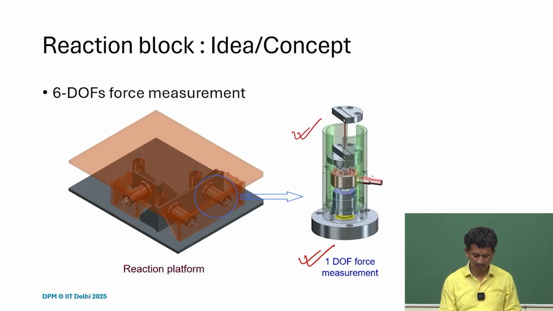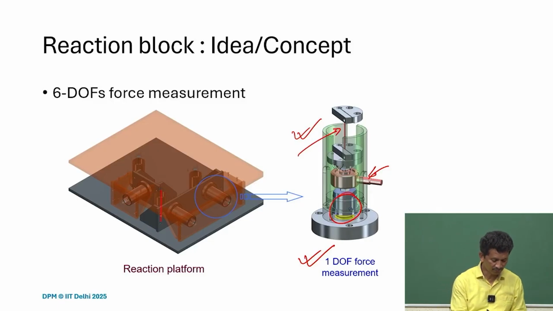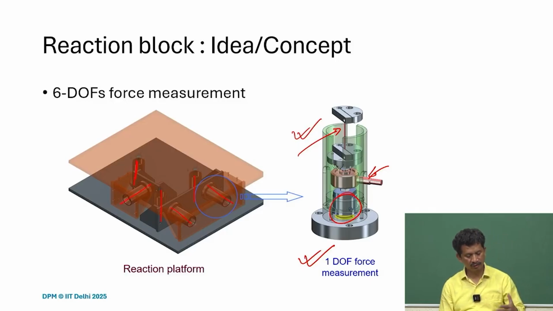You can see the load cell here, the springs inside, and here the wire flexure, and here you can see 1, 2, 3. So the 3 are there, then 2 along this direction and 1 along this direction. So 3 plus 2 plus 1 we can get and can constrain it.